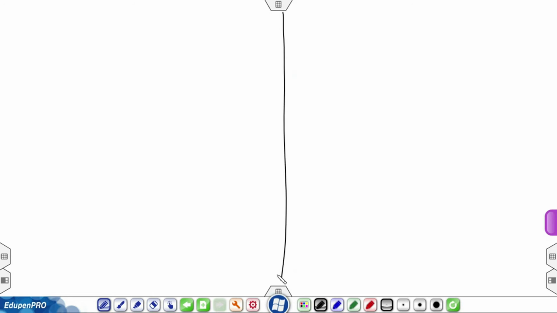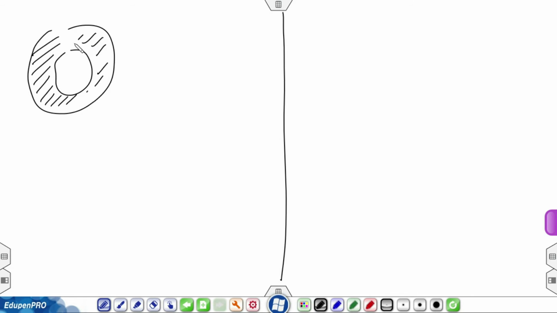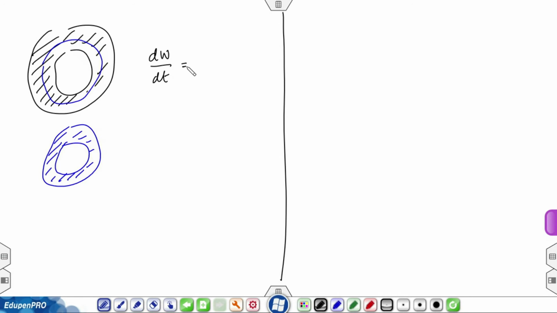So, what we obtained is that if I have some region in which there is some J, I take a thin portion of it shown by blue and do my little math and vector calculus, then I get dW/dt is equal to integral J dot ∂A/∂t dV, and therefore dW is equal to integral J dot dA dV.